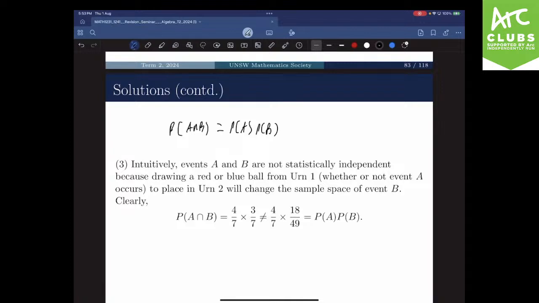We just calculate both sides of this equation. The probability of A and B is equal to 4 over 7 times 3 over 7, and the probability of A times the probability of B is 4 over 7 times 18 on 49. We see that these two results are not equal, and hence these two events are not statistically independent.